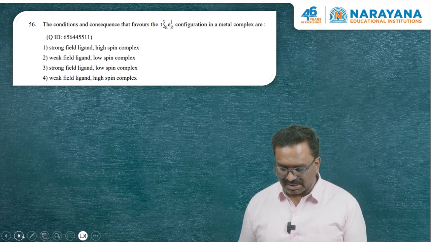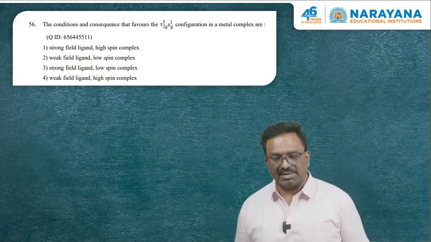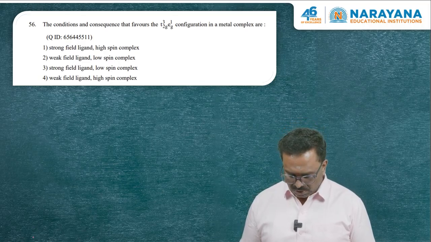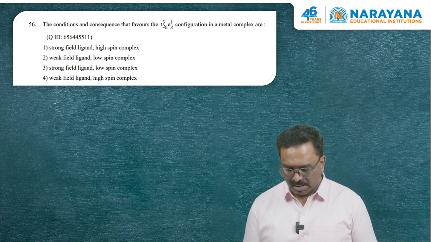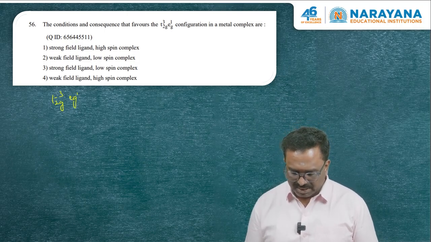The conditions and sequence that favors t2g3 eg1 configuration in a metal complex are. So what it is mentioning, you can see t2g3 eg1. Here we have two sets of d orbitals.